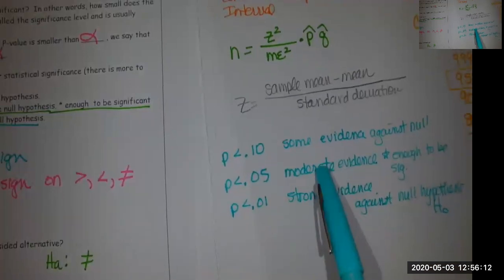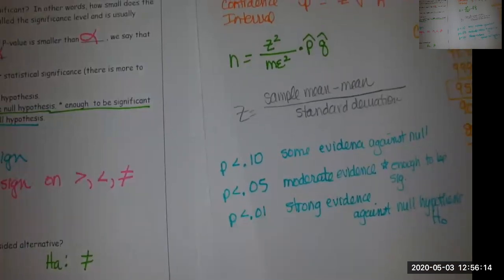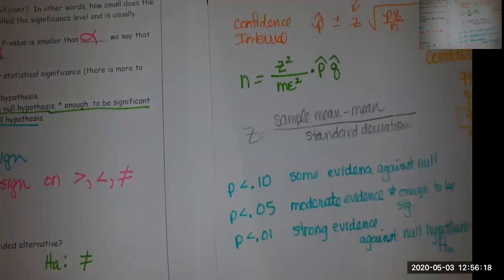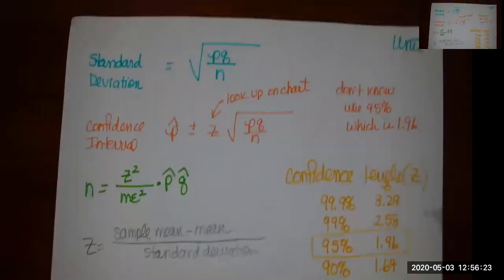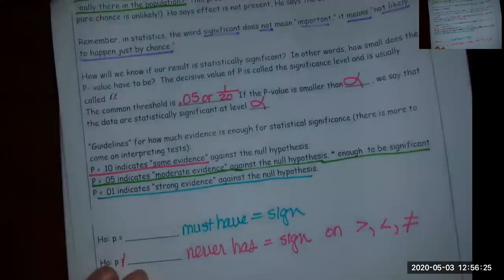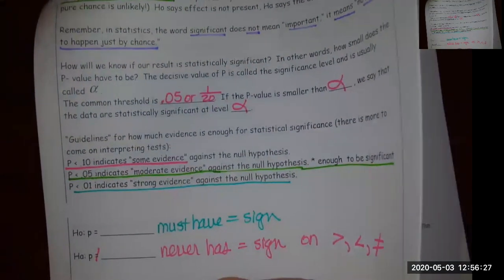So in other words, if I get a p-value less than 0.01, I'm like, you're full of beans, that's not true, right? So write this on your formula sheet so that you have everything in one spot, okay?